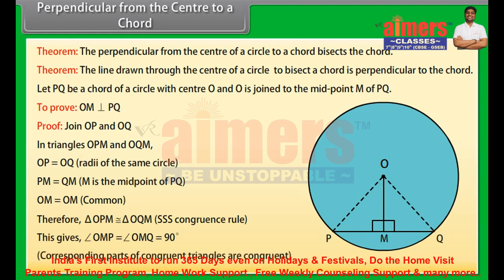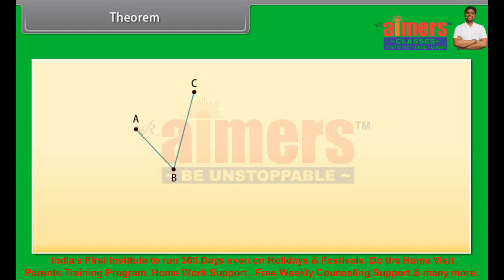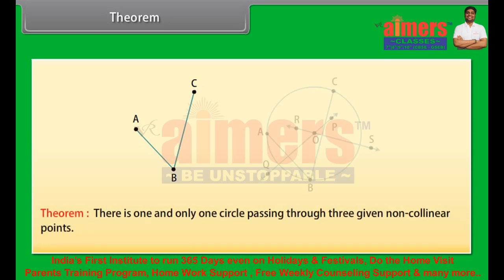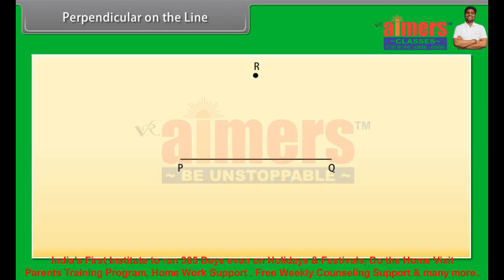Theorem. If we have three non-collinear points, then the theorem says that there is one and only one circle passing through the three given non-collinear points. Perpendicular on the line. If we take a line PQ and a point R outside it, we know that there are an infinite number of points on the line, say P1, P2, M, P3 and P4.